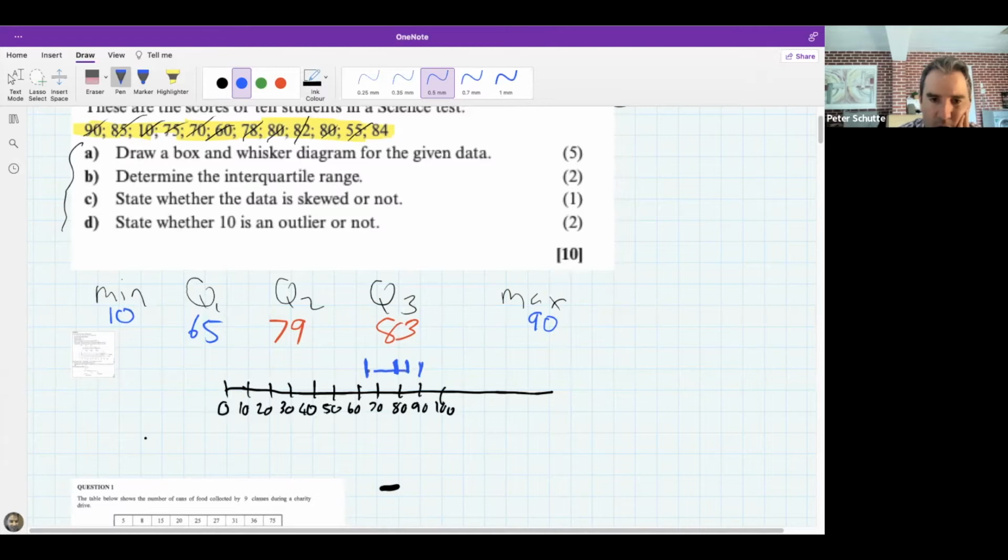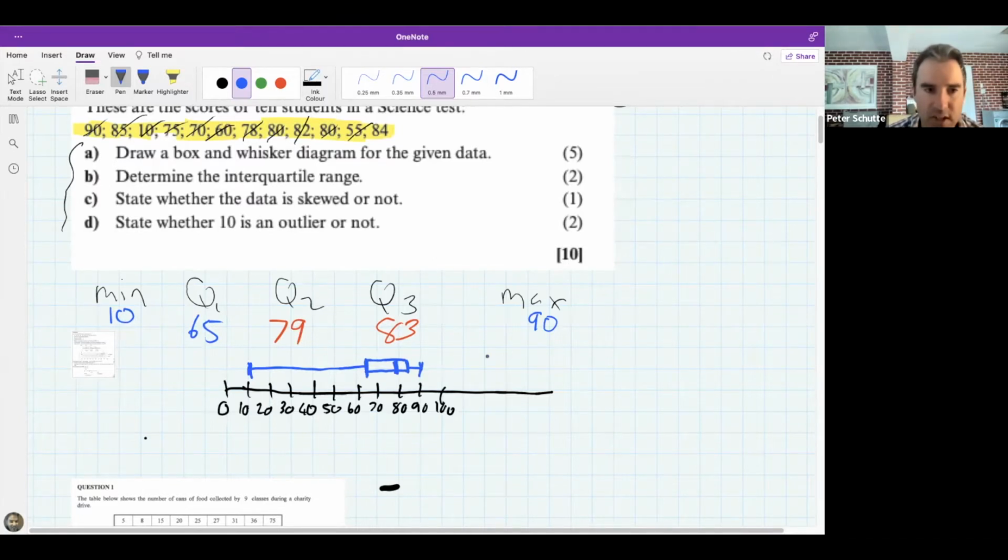Actually, let me draw my box. And then the lower one would be all the way down here. So my box and whisker plot definitely goes more one way than the other.